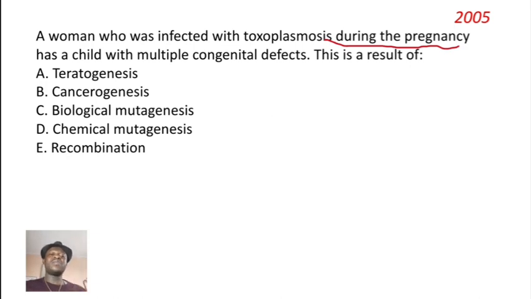With Toxoplasma gondii, right? So this will lead to extensive congenital defects and even death of the fetus, right? So acquiring of this parasite during pregnancy is an example of teratogenic effect. So we can say Toxoplasma gondii, yes, teratogenic effect.